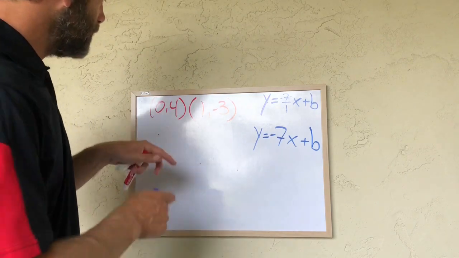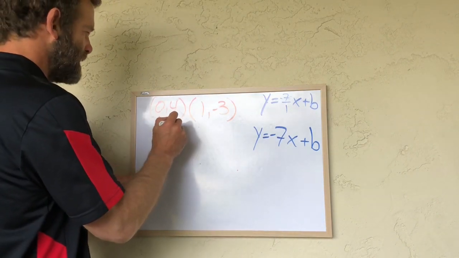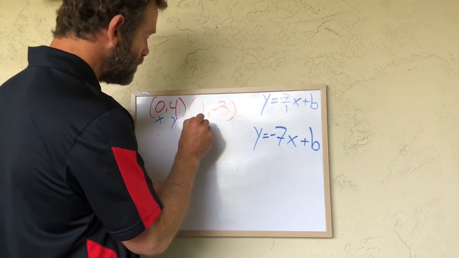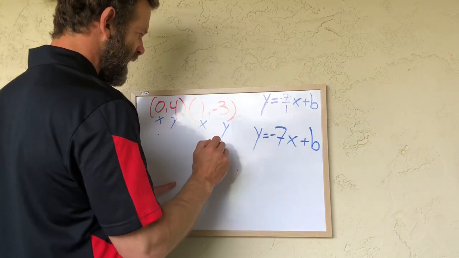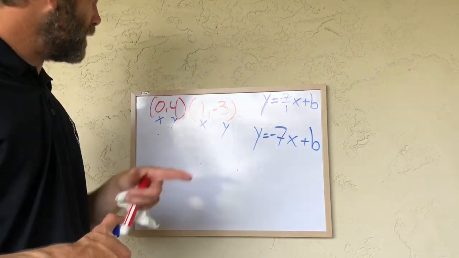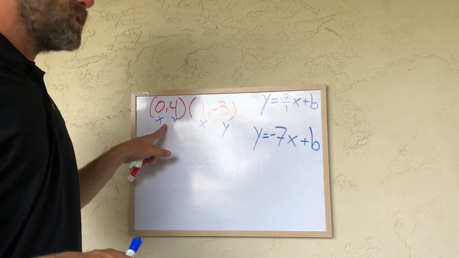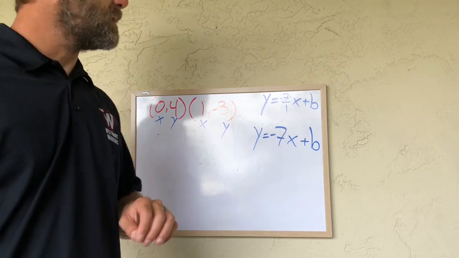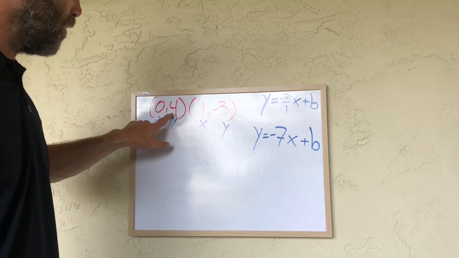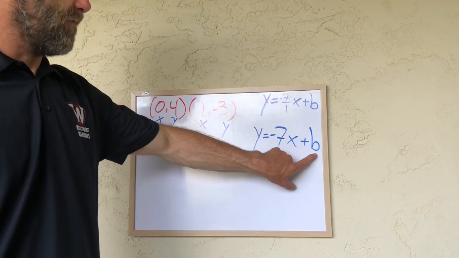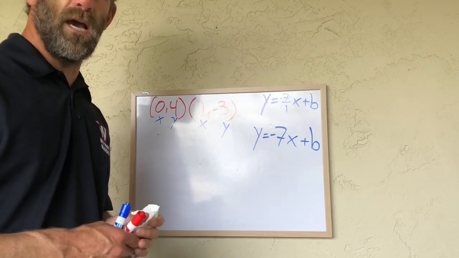I can use either coordinate. The easier one to use is this, because for those people who understand graphing, you should already understand that your y-intercept is 4. If you put a 4 here, there's your equation, and you're done.